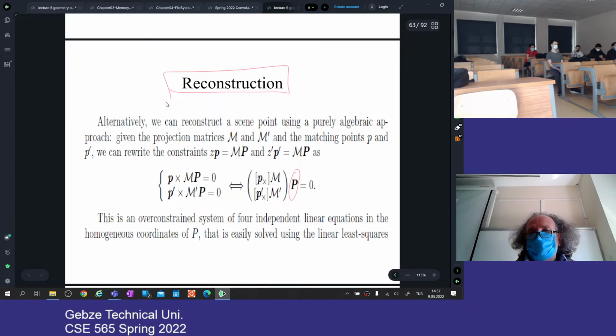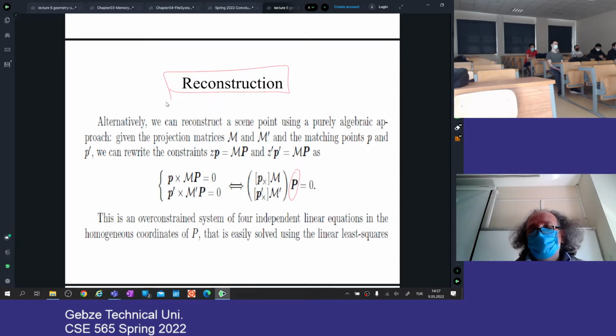Remember the reconstruction stuff? Get the correspondences, the corresponding XY values for each image, and if you know the projection matrix of each camera, then you can get the XYZ values for those real world coordinates.